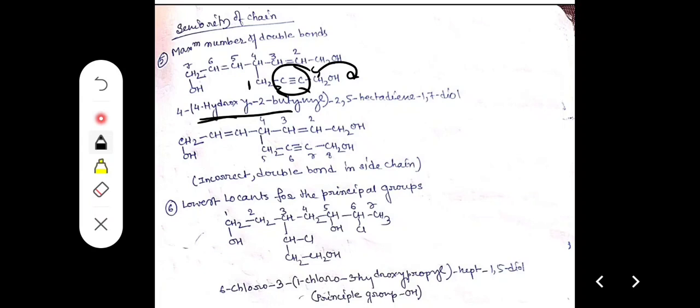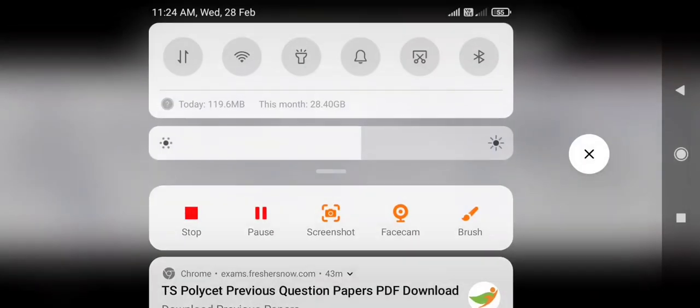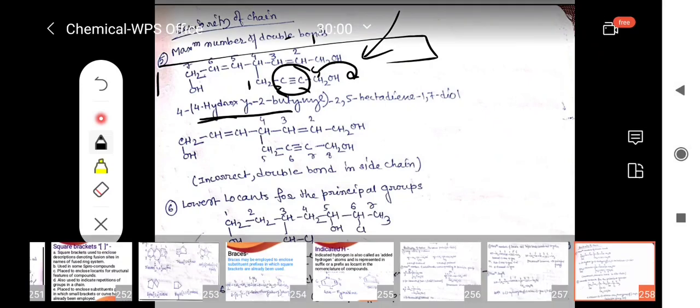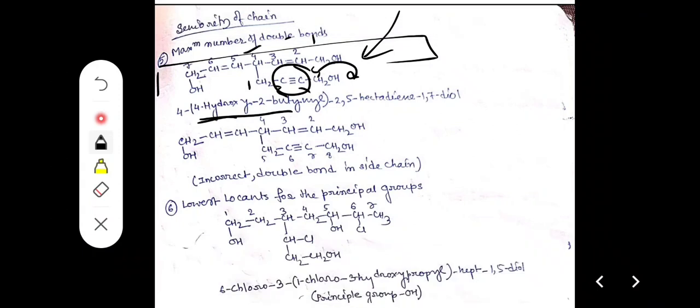Okay. Next one, in the other chain we have to start numbering from the OH. So the numbering system is 1, then 2, 3, 4, 5, 6, 7. Okay. So there must be 1 and 7 positions having the OH group. So we can consider 1,7-diol. And there must be heptadiene because 2 double bonds are there, at the 2 position and at the 5 position.